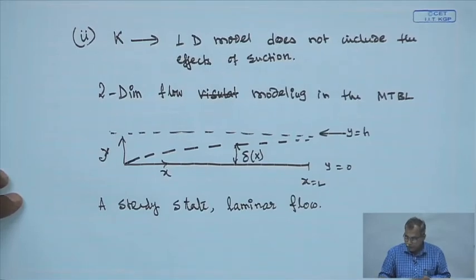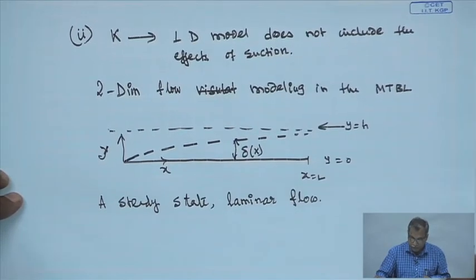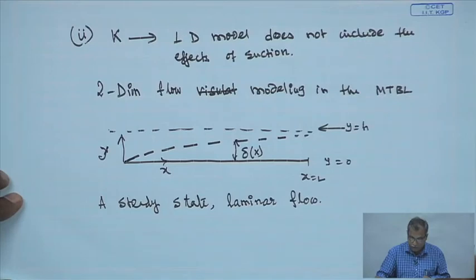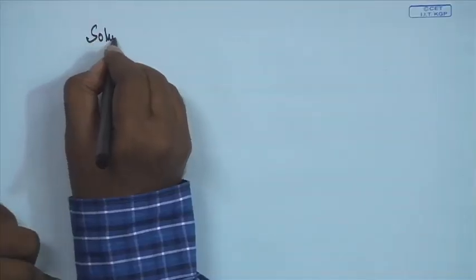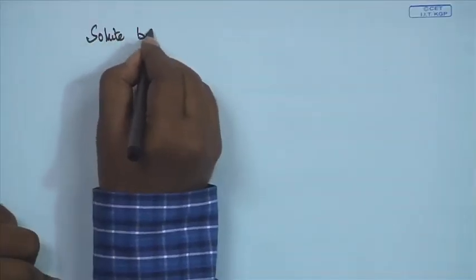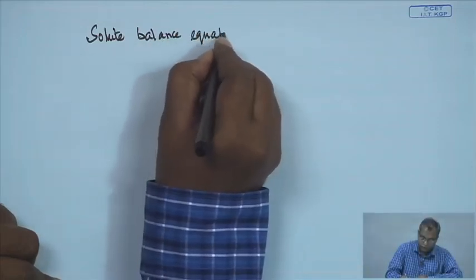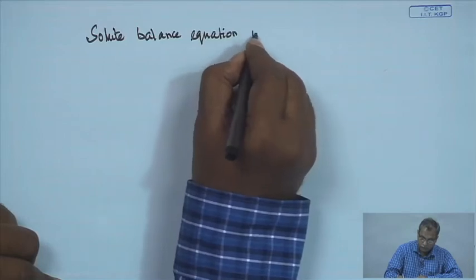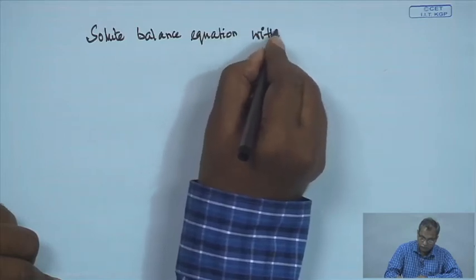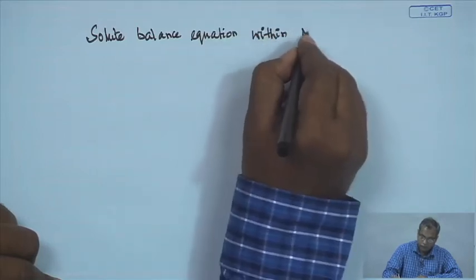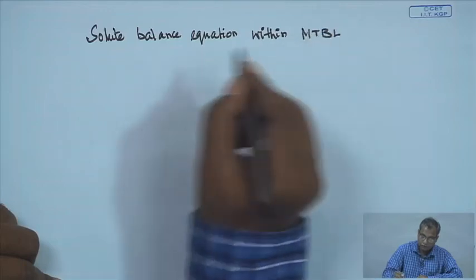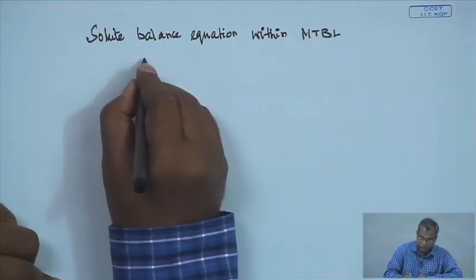So, let us write down the solute balance equation within this mass transfer boundary layer and see what we get at the steady state.